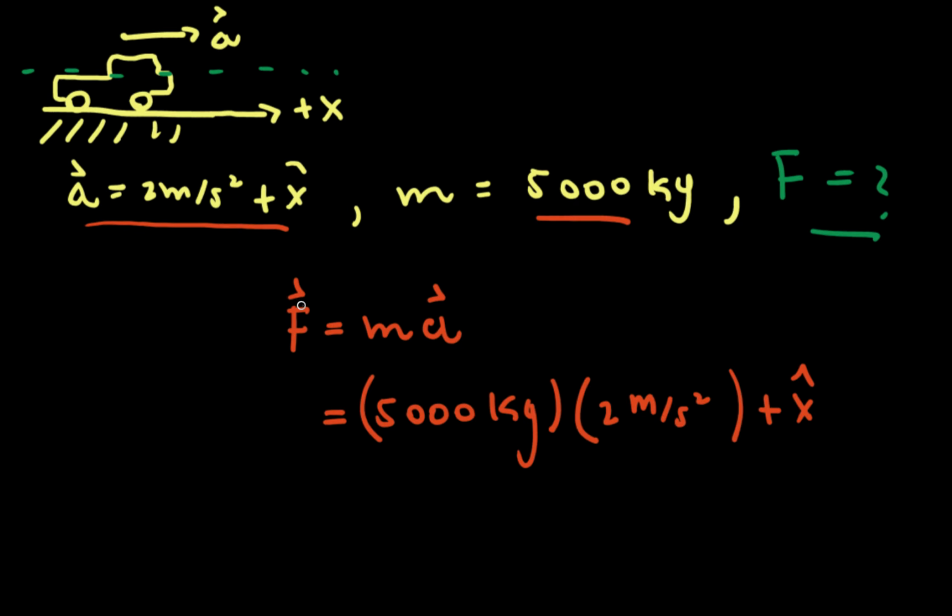And since force is a vector, you do have to include the direction. So this is 10,000. Now the units are kilograms meters per second squared in the plus x direction.